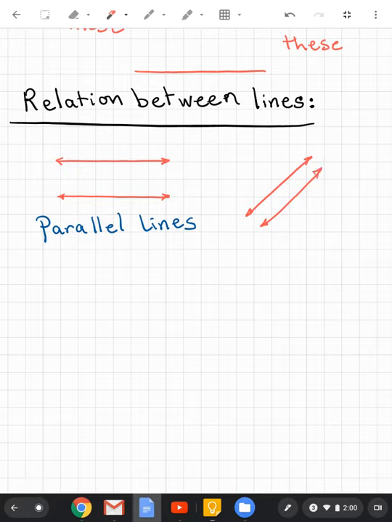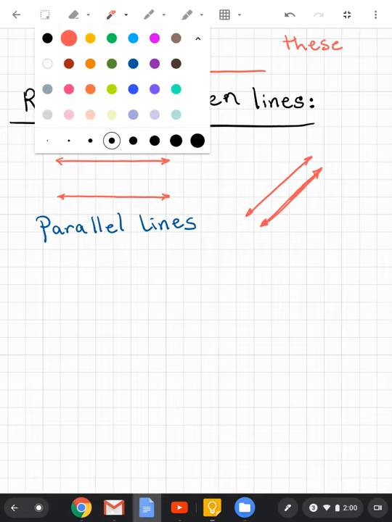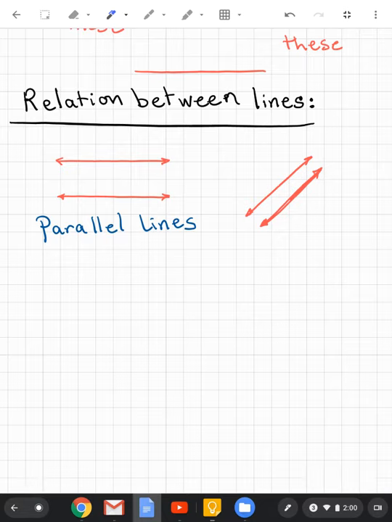See, they never cut each other, so we call them also parallel lines. This is the first relation between lines.